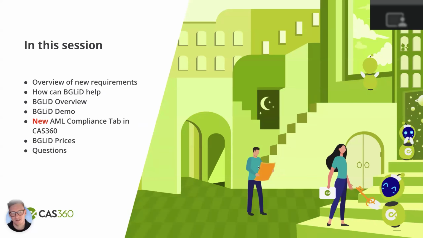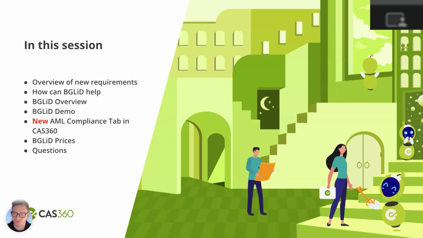So what are we going to cover in today's session? First of all, I'm going to go through an overview of the new AUSTRAC compliance requirements that are going to be part of, or potentially part of, the accounting industry. I'm then going to cover off how BGLiD can help with managing those compliance requirements. I'm going to go through an overview of BGLiD and a bit of a demo of BGLiD.